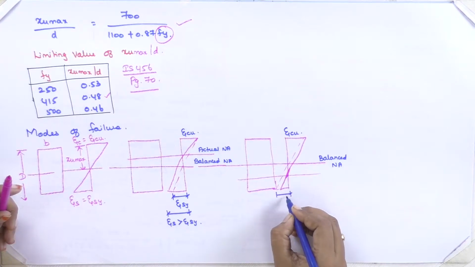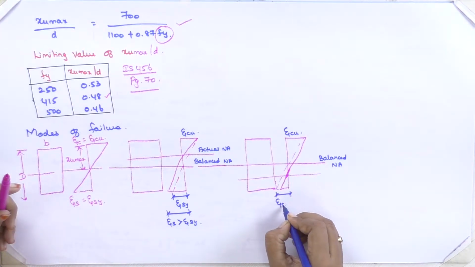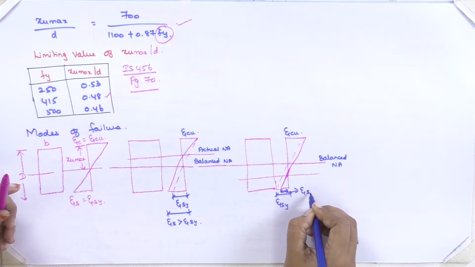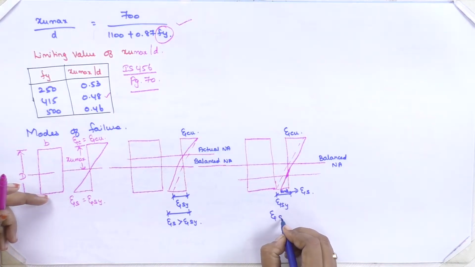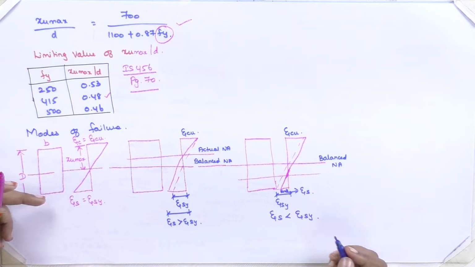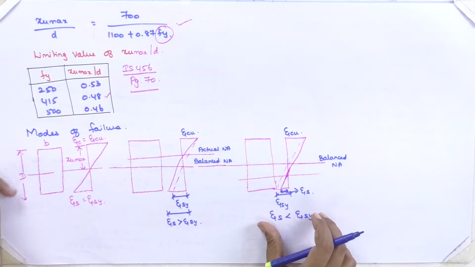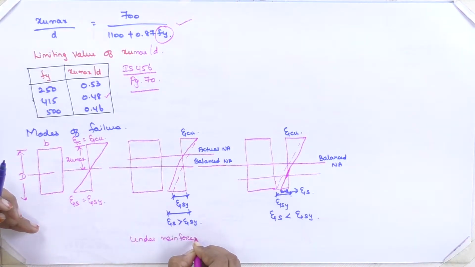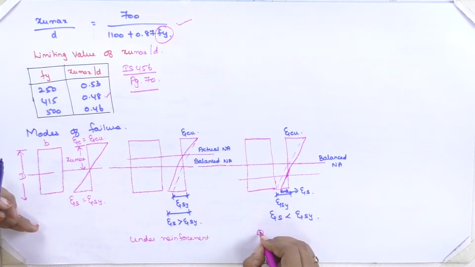The total is epsilon Sy. What you are getting is epsilon S, where epsilon S is less than epsilon Sy. This is nothing but an over reinforced section. This is the under reinforced section. This is the over reinforced section.